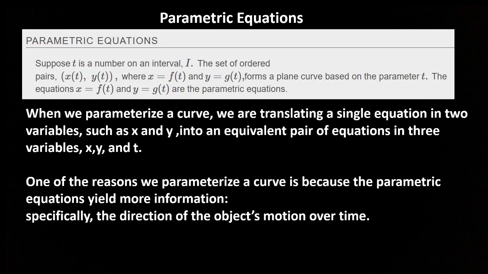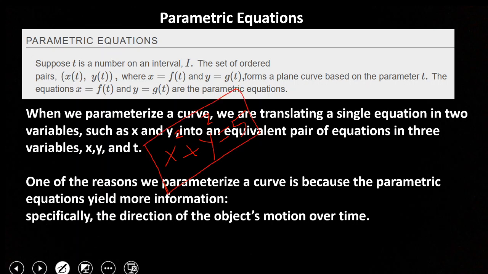So if I have something like x squared plus y squared equals, I don't know, 4. Well, this is a circle, right? So radius would be 2. So it's a circle that is centered at 0, 0 and has radius 2, right?